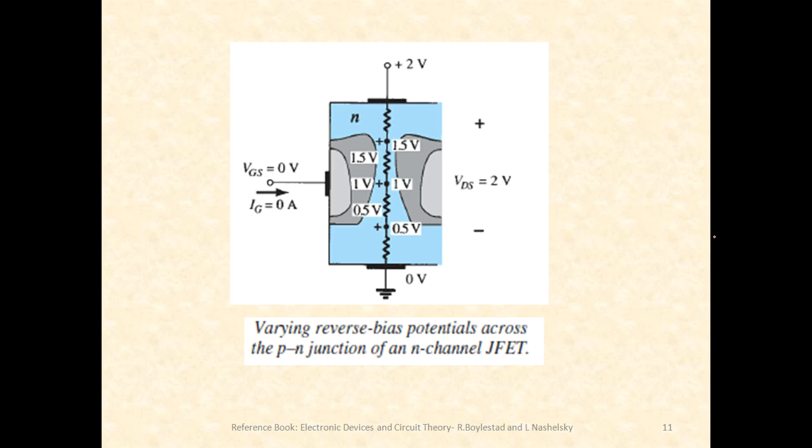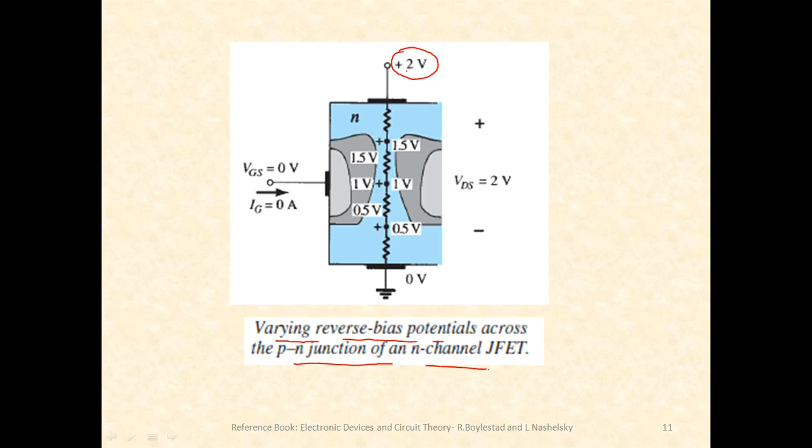So this has already been explained, but the diagram is very clear, so that it will be easy for us to understand. Varying reverse bias potentials across the PN junction of an N channel JFET. Here VDS is plus 2 volts.